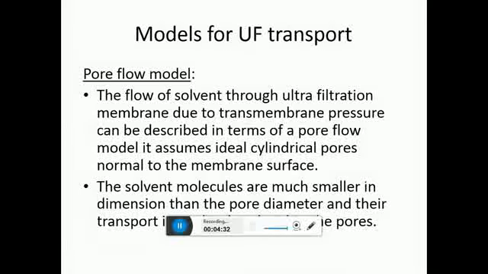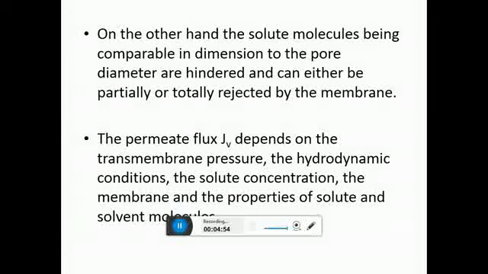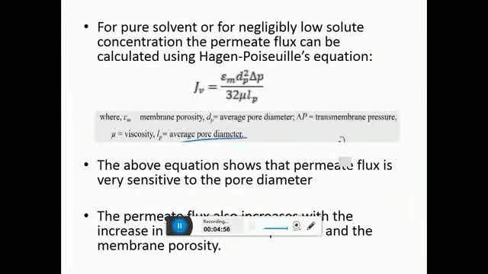Yes, and this is important. Models for UF transport. There are 3 models, not more than 3. One is the pore flow model. According to the pore flow model, it assumes cylindrical pores normal to the membrane surface. By assuming the cylindrical pores normal to the membrane surface, they have calculated the flux.